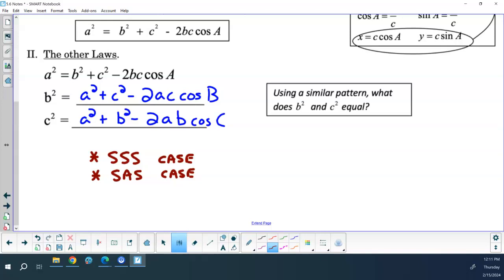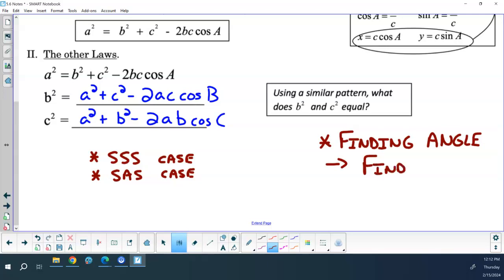However, I will tell you that whenever you do find an angle with the law of cosines, you find the biggest first.